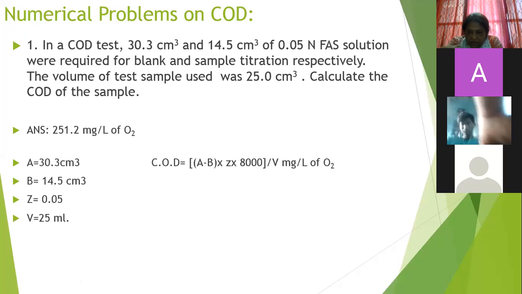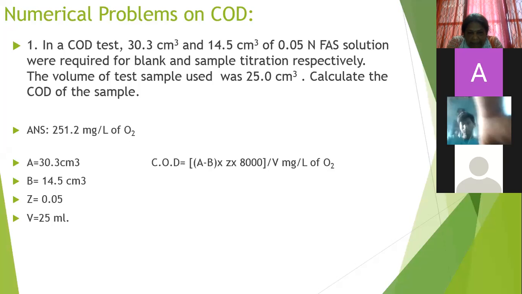Got it. Here two values are given. For blank titration, 30.3 ml of FAS solution needed. For back titration, that is with the wastewater sample, 14.5 ml of FAS solution is needed.